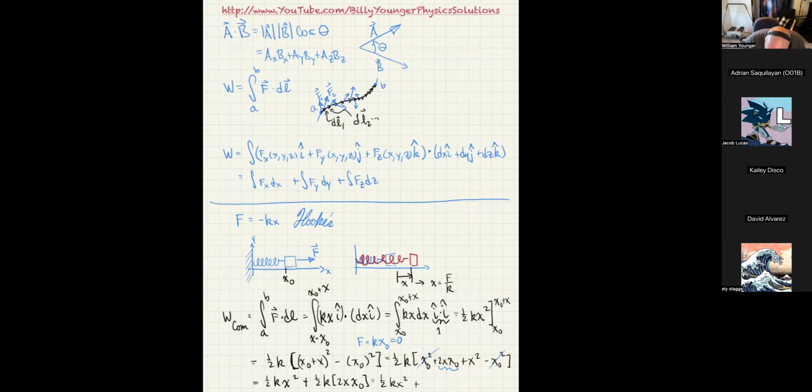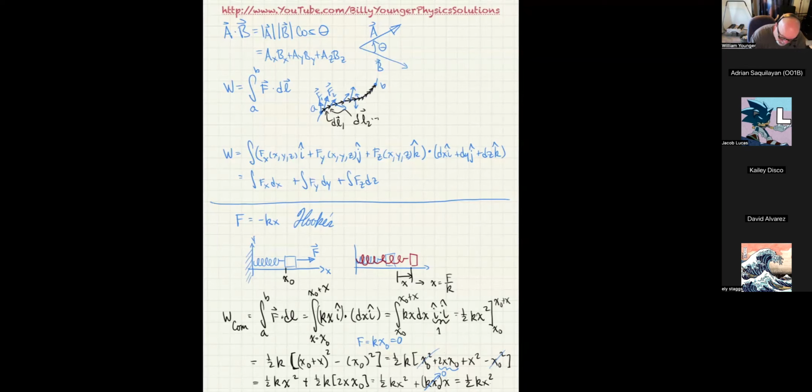Sorry about that. Plus, like I said, when I carry that 2 through, I'm going to get k times x0 times just plain x. But since x0 is the equilibrium position, k times x0 is 0. So the actual work done in this case, I said compression even though I worked it as expansion, as stretching. But anyways, in this case, we just get the answer is 1 half k x squared.